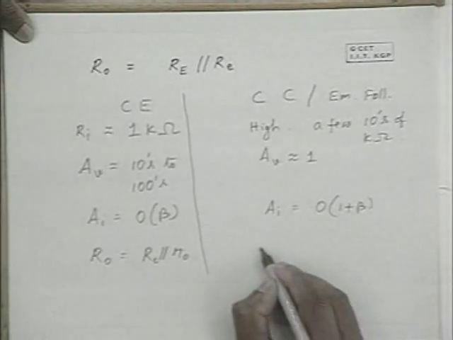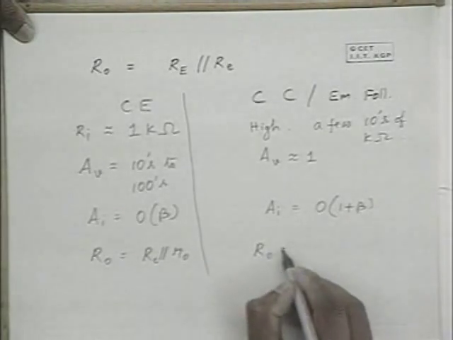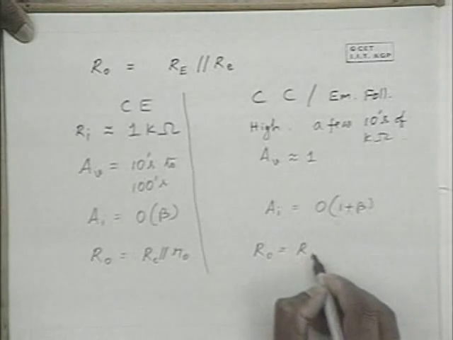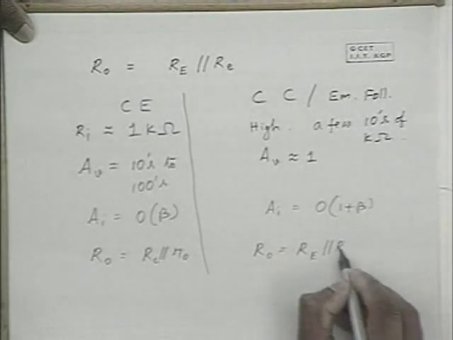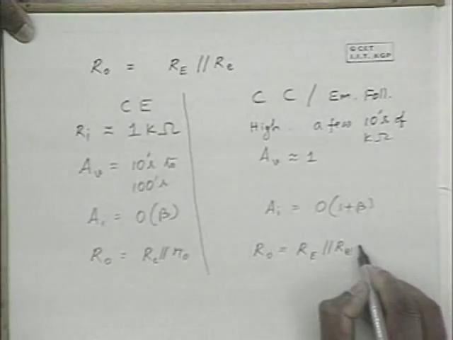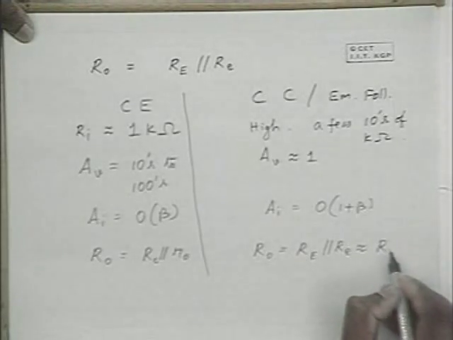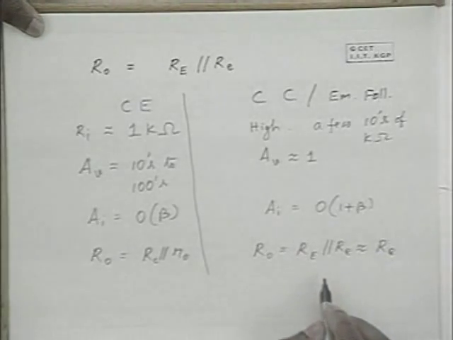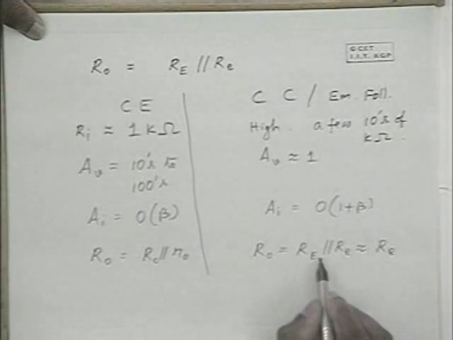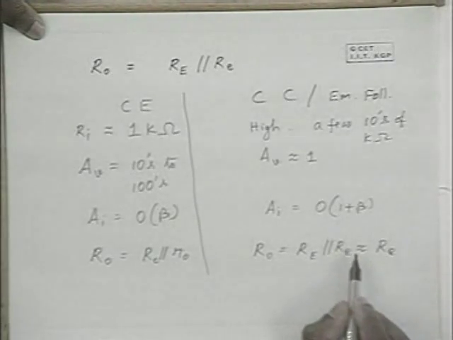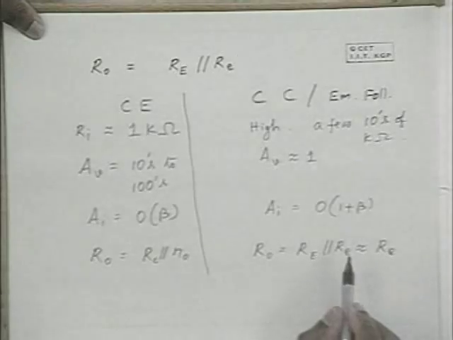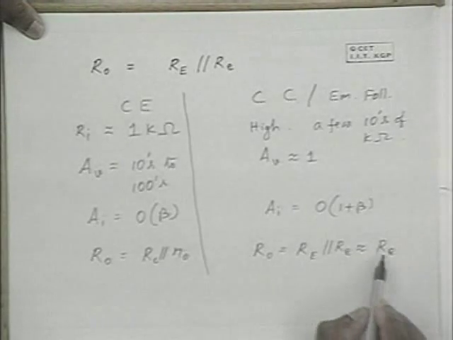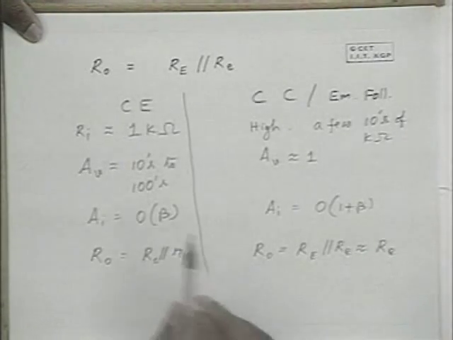And here the output impedance is RE capital E in parallel with R small e, which is approximately R small e, because R capital E is of the order of a few hundreds of ohms to a few kilo ohms, and R small e is of the order of a few ohms to a few tens of ohms, therefore it is of the order of R small e. So this is the comparison between the characteristics of a common emitter amplifier and common collector amplifier.